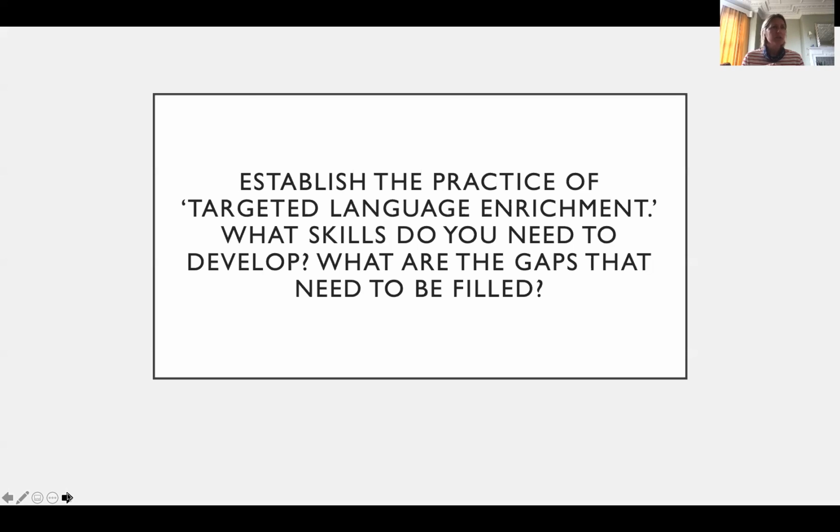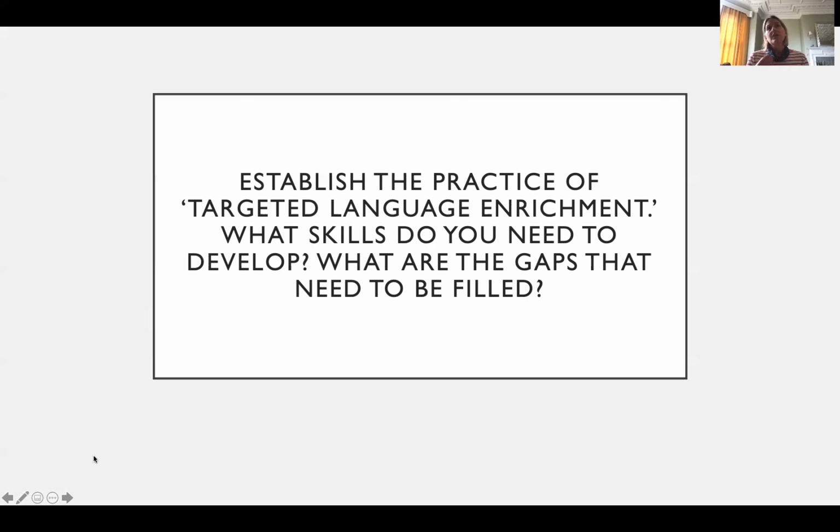And even children who don't have skill gaps, this child has just turned 3, their language is pretty much where it should be, but what are the skills that they need to learn through this year to move their language on? So this notion of targeted language enrichment is important for all children, but it really comes into its own when you're thinking about children with skill gaps and ways of meeting their next steps.